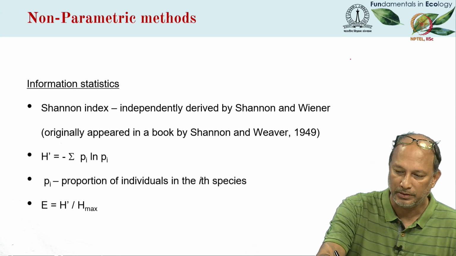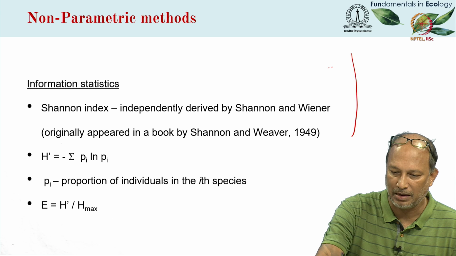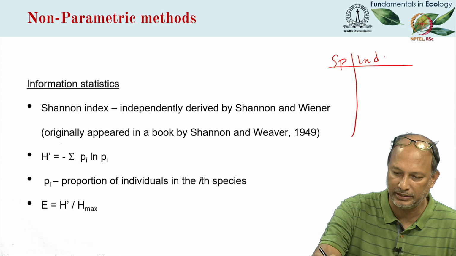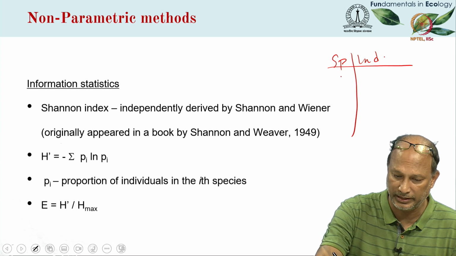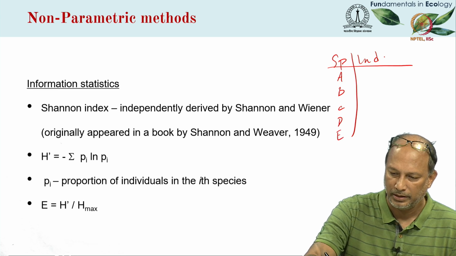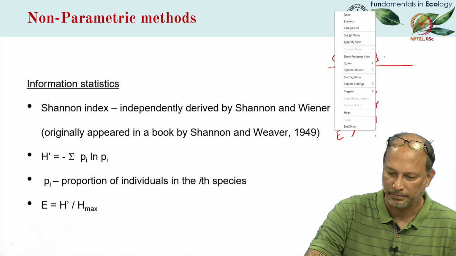So, for example, if I have sampled a community where I have recorded the number of individuals of different species, let's say I have species A, B, C, D, and E. I recorded 33 of this, 16 of this, 4 of these, and 1 each of these.